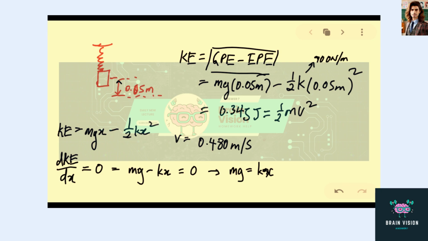And so we can solve what is x, taking mg over k. So this is the extension, and at this particular extension we can substitute in to solve for the kinetic energy.